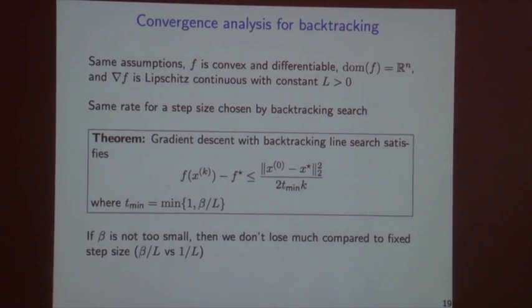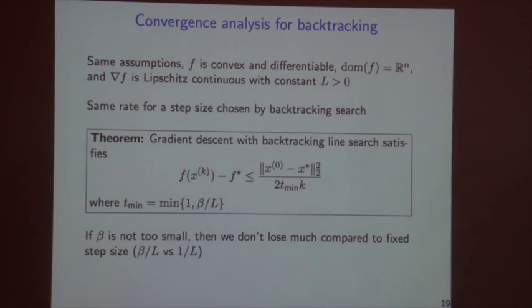So if you take the same assumptions, so f is convex and differentiable, the domain is still the same, and the gradient of f is Lipschitz continuous with constant L, you get the same rate for gradient descent with backtracking line search. So you see that this is, again, some constant depending on the initial point and the optimal point times 1/k.